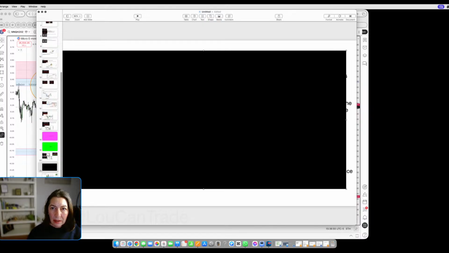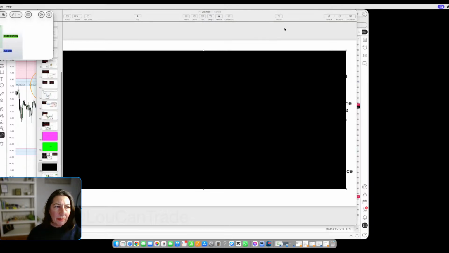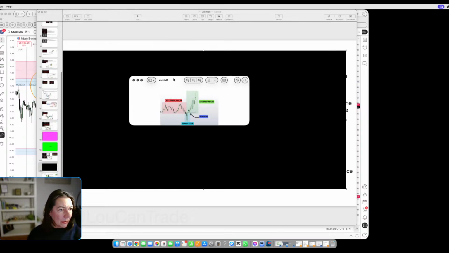Here we go. You guys know this is kind of what the model looks like here, right? So we have accumulation, manipulation, and then distribution. The distribution is the area that we want to capture in any of our trades. So we are looking for and trying to identify manipulation.